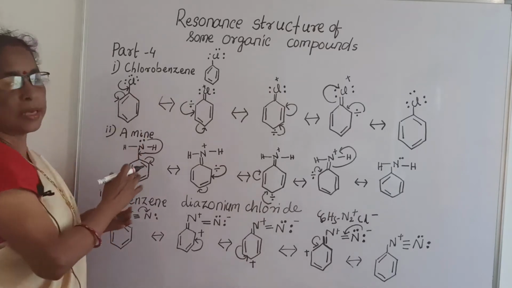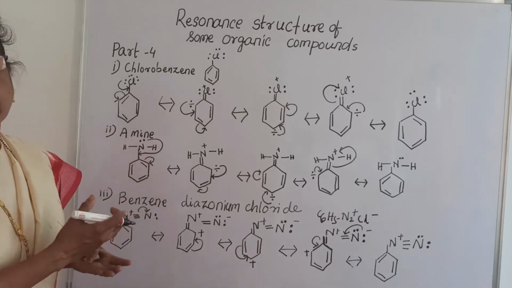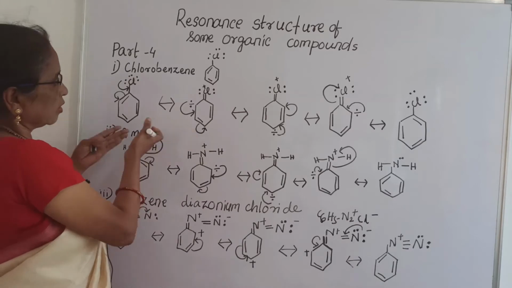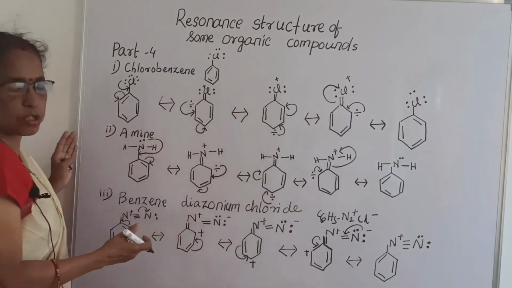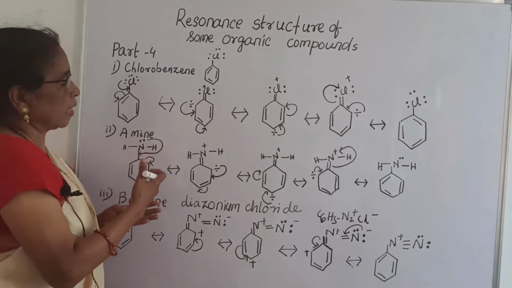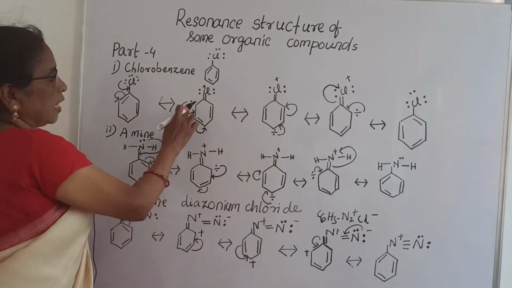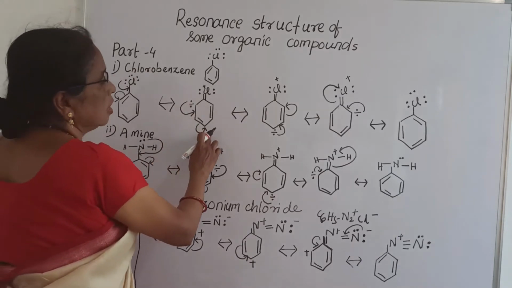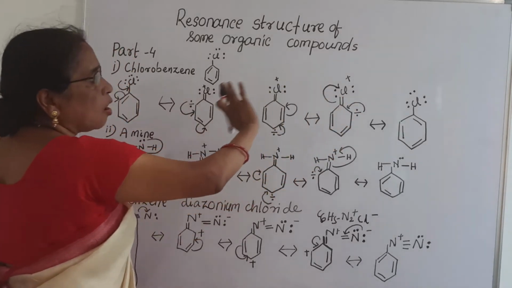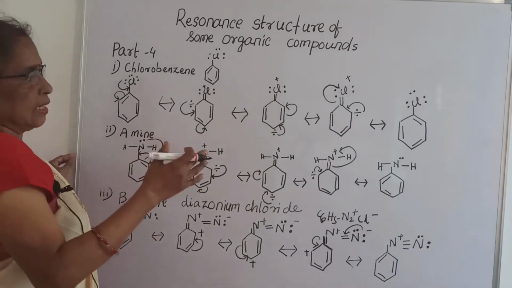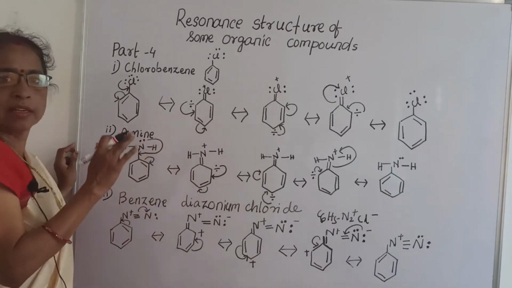So chlorobenzene is ortho para directing. That you can understand from this resonance structure, how it is ortho para directing. Now you can find here the ortho position, para position, and here the ortho position, all are occupying negative sign. That is why it is ortho para directing.